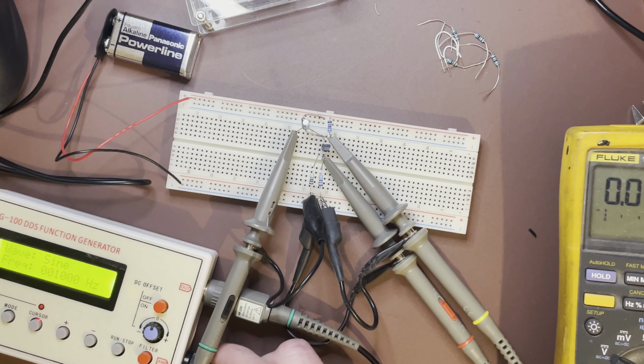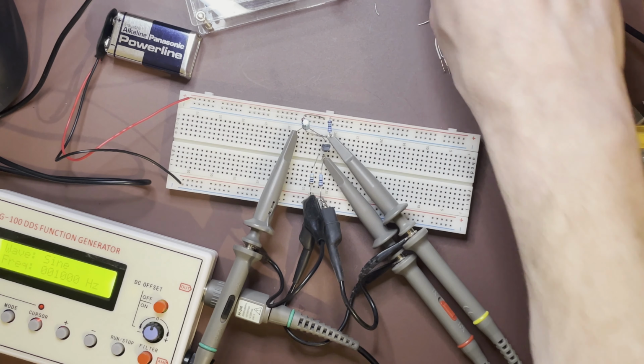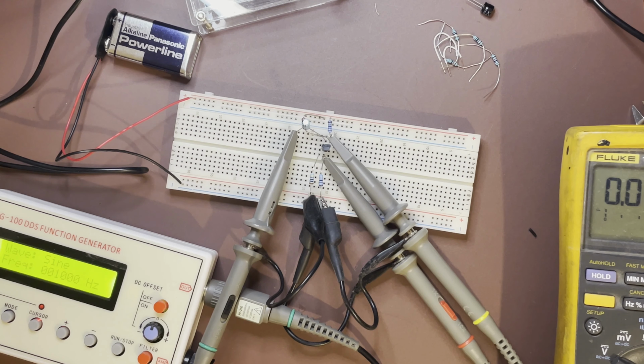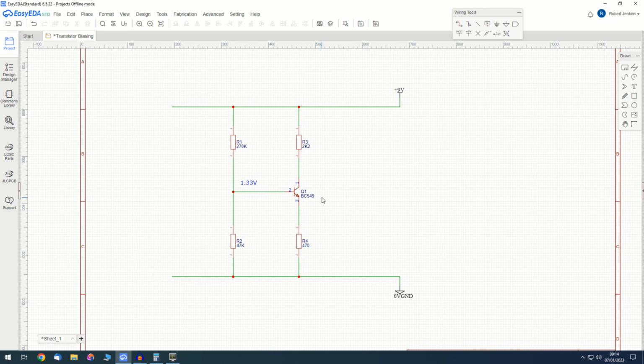So you want to keep the DC gain down, but you can put the AC gain up by shunting the emitter resistor with another resistor and a capacitor. If I go back to the drawing and add in, I'll just copy that, not bother about values. Add in another resistor and the capacitor on it.